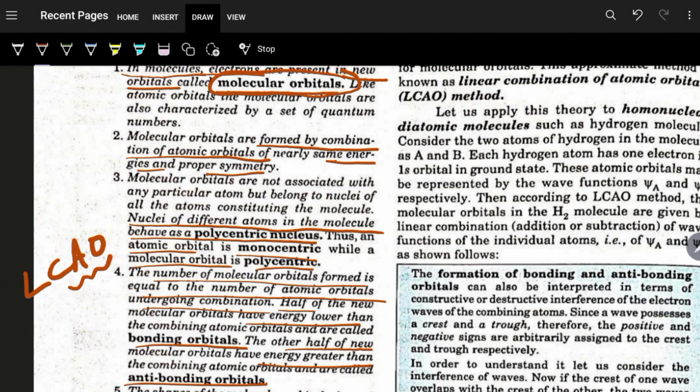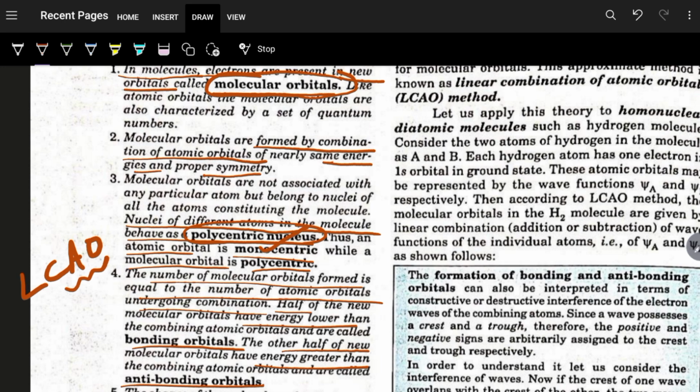Now, nuclei of different atoms in the molecule behave as polycentric nucleus. What is the meaning of poly? That means many. Okay, more than one centered nucleus. So thus an atomic orbital is monocentric, and the molecular orbital is polycentric because it obviously contains more than one atom.